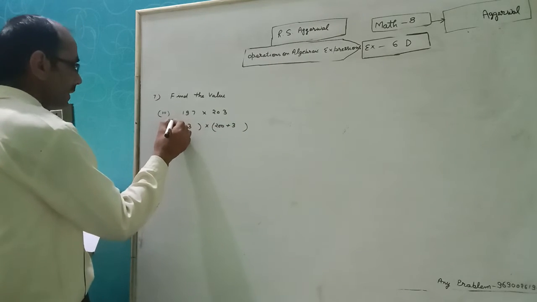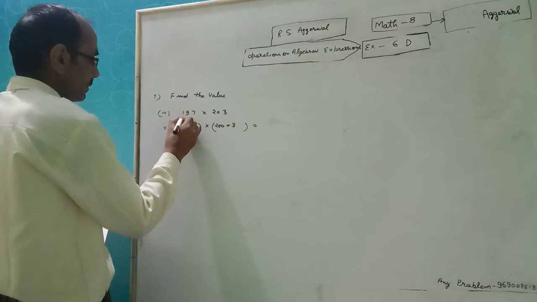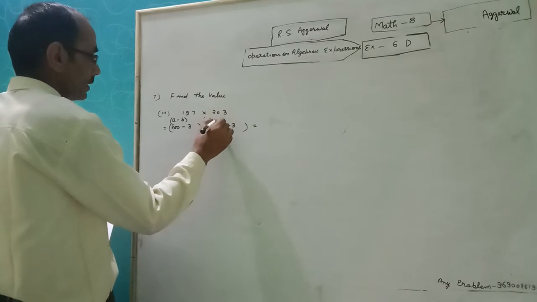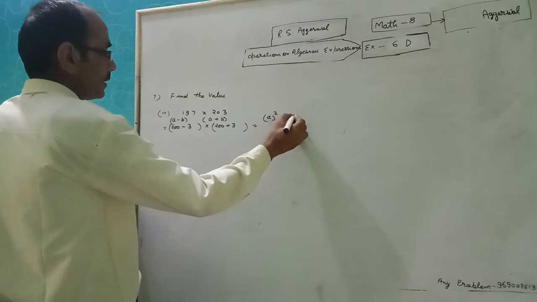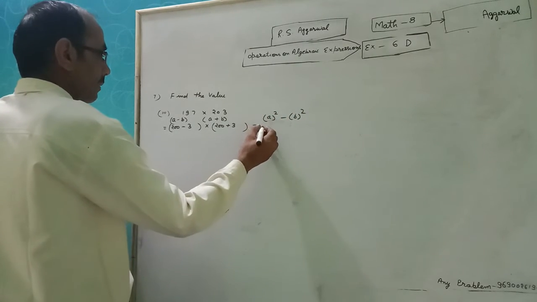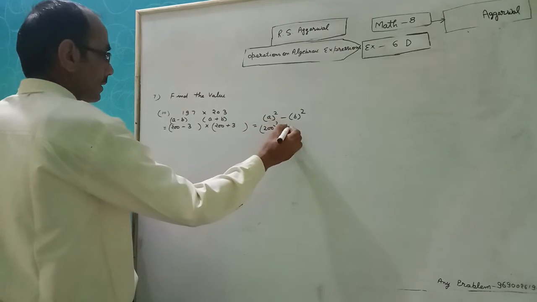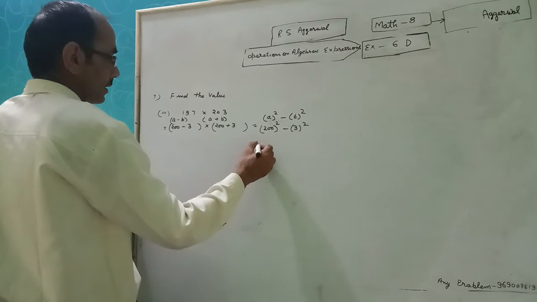Make identity a minus b and a plus b. Identity is a square minus b square. A value is 200. B value is 3.